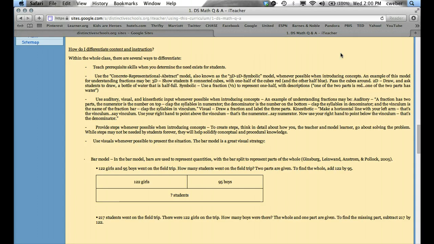Another big goal for us, y'all, is to use always and whenever we can the 3 primary modalities to help kids understand things. So auditory, visual, and kinesthetic. Kinesthetic is also known as TPR, or total physical response, particularly helpful with our English learners. And all that means is that you don't just want to say what you're trying to have students understand.